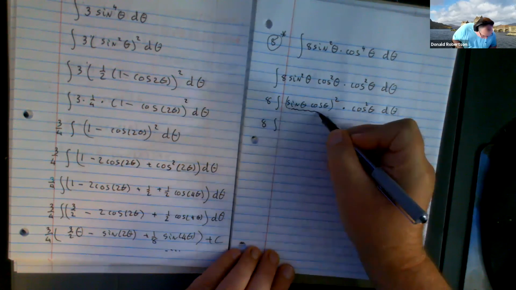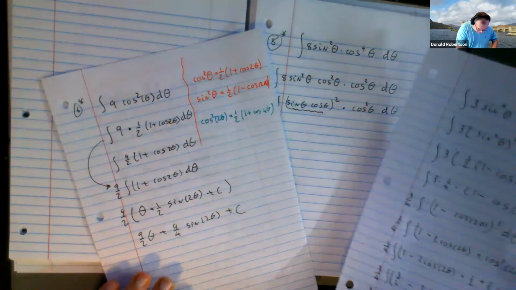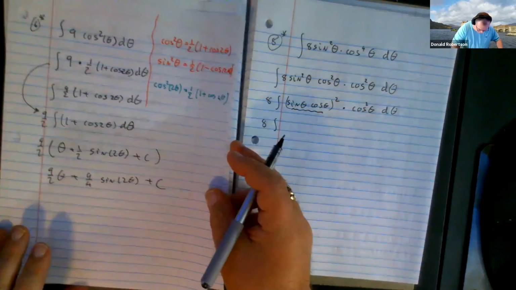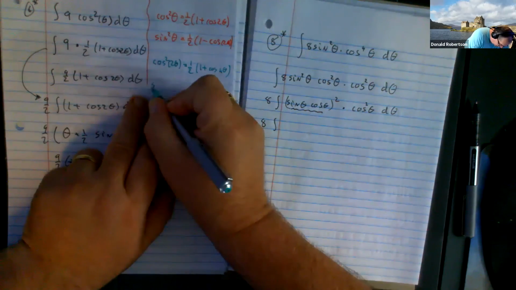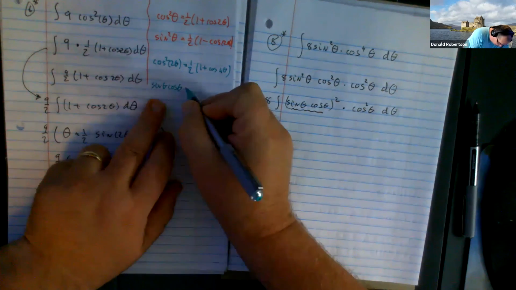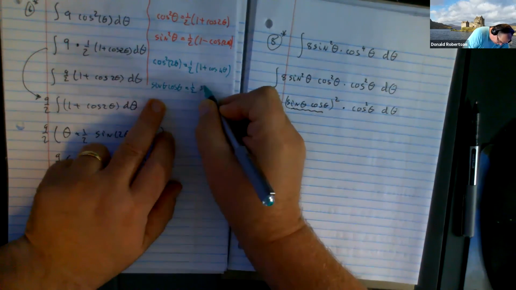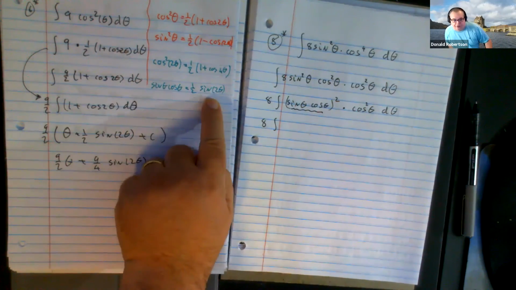I am going to use an identity, yet another one. The identity I'm going to use is that sine theta cosine theta is 1/2 the sine of 2 theta. I've just rearranged the sine of 2 theta as 2 sine theta cosine theta.